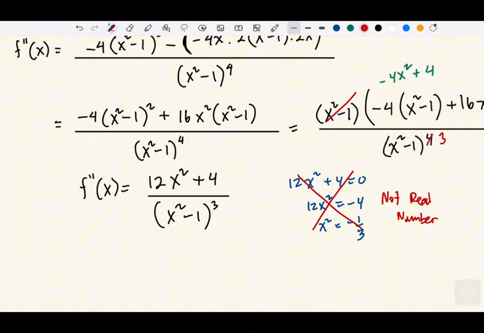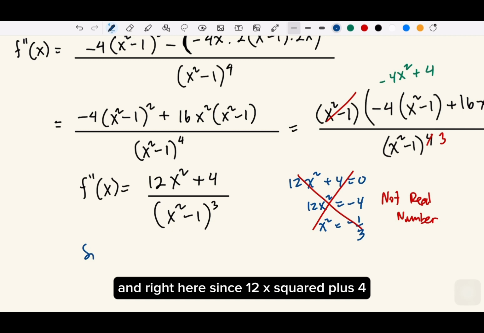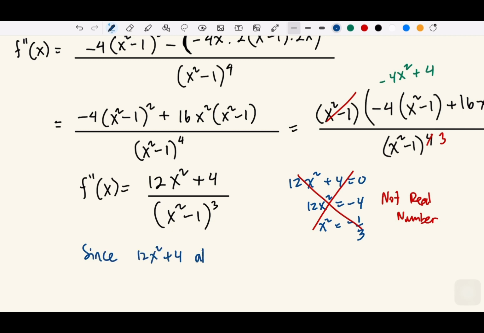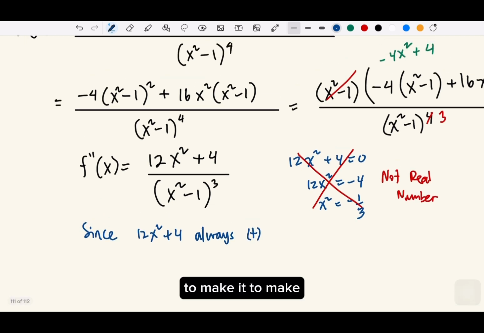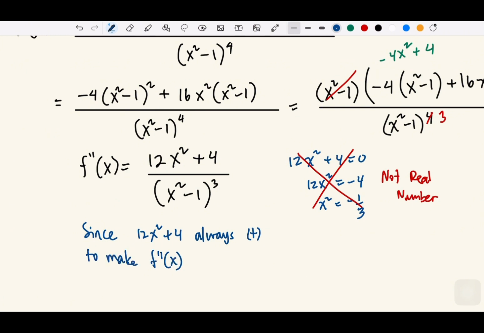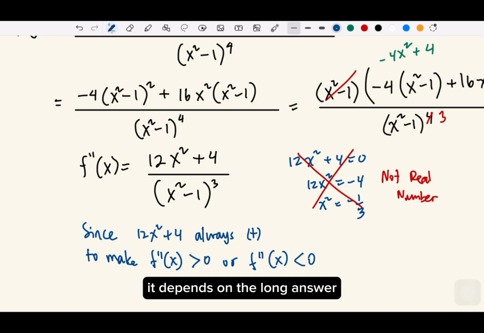Let me write here: since 12x squared plus 4 is always positive, to make f double prime of x positive or less than 0, it depends on the denominator.